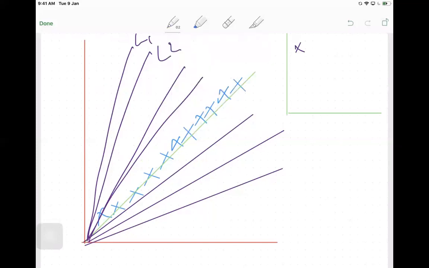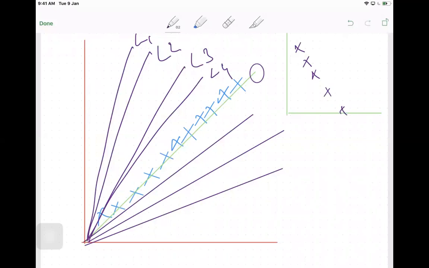So my error will come a little more down. Similarly for L3, my error comes a little more down. L4, my error comes a little more down. For this particular green line, let's assume that the green line is exactly passing through the data, so my error will be almost equal to 0.